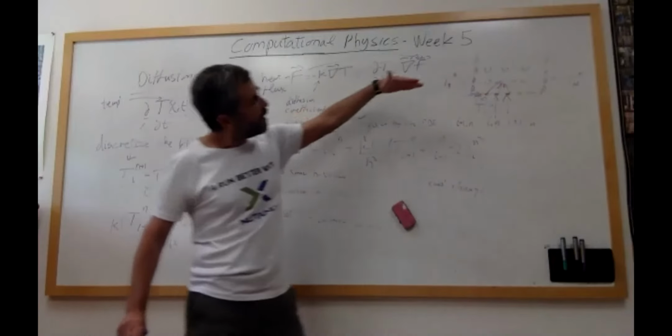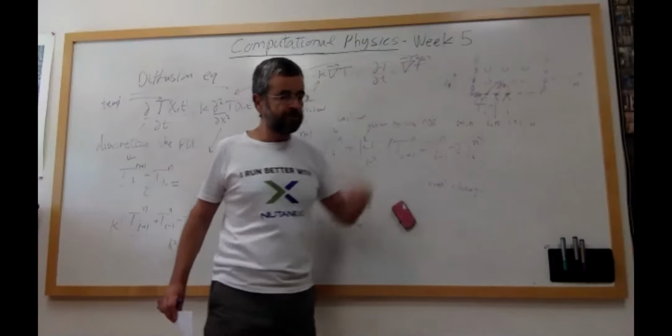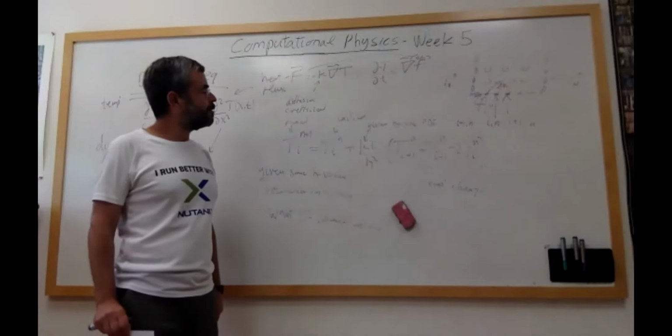What would be the time steps we want to use? We wanted the entire term k tau by h squared to be small, where small is defined by how accurate we want it to be. So tau needs to be some constant and then h squared divided by k, maybe?